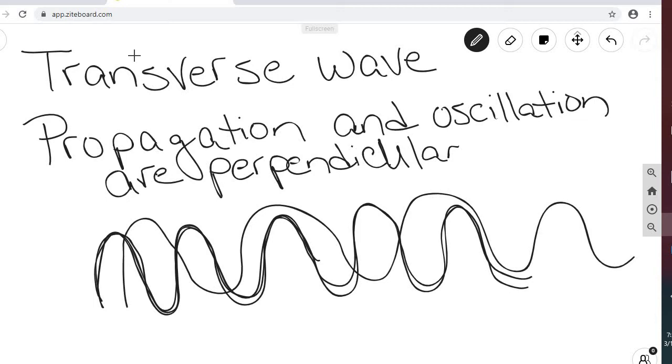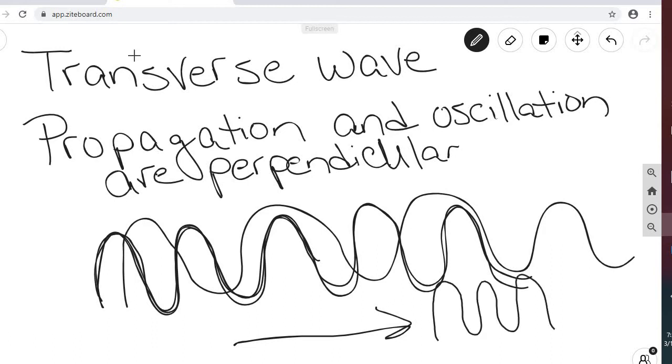So they're moving toward the shore, and we call that propagation. The waves are moving toward the shore, which would be in this direction. But at the same time, they're going up and down like this, so that's in that direction. The propagation is going this way, the oscillation is going that way, so they're perpendicular to each other.